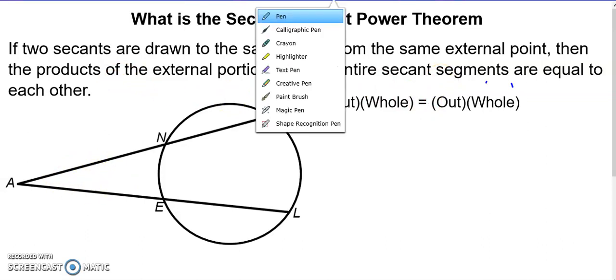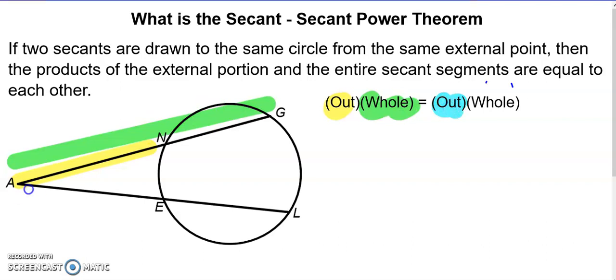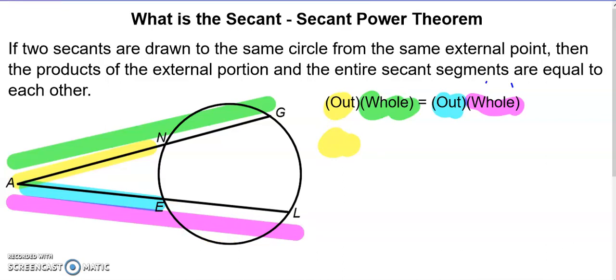The rule says if I draw two secants from the same point to the same circle, the external part, the outside part, times the entire secant segment will equal the other outside part times the whole thing. What that's going to look like is we take the outside part of one and multiply it by the whole thing of that same segment, and that equals the outside part of the second one times the whole part of the second one. So yellow times green will equal blue times purple. Let's take a look at that.